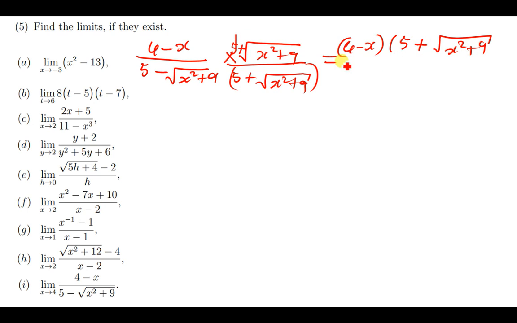Then the denominator, this is a difference of two squares, so you can write it as 5 squared minus the root of x squared plus 9, then we say this squared.